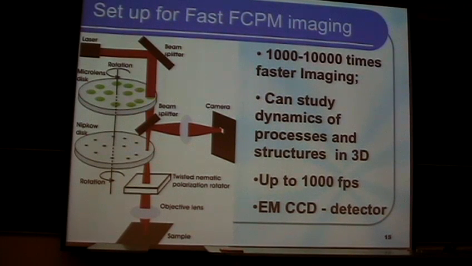Now, unlike in the case of regular confocal microscopy, in this approach it's possible to illuminate the entire sample at once, not point by point, and the reason is because we have not just one, but many of those pinholes.